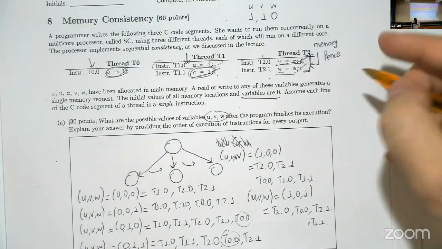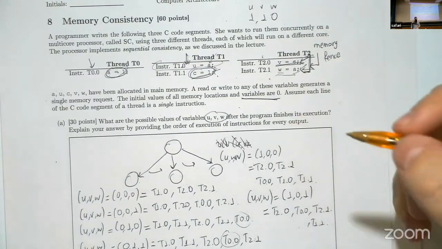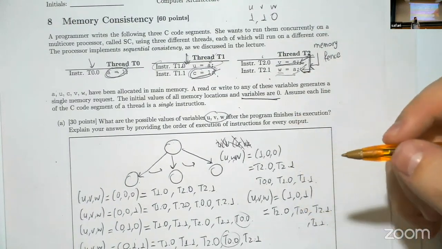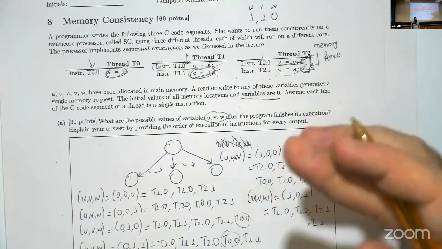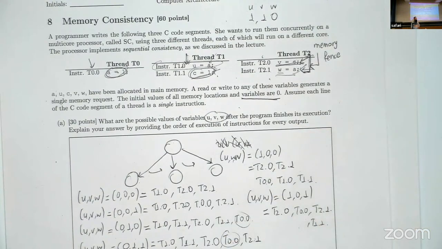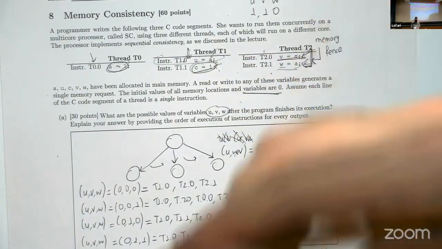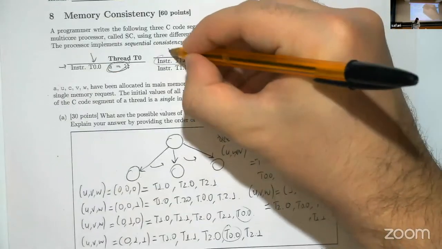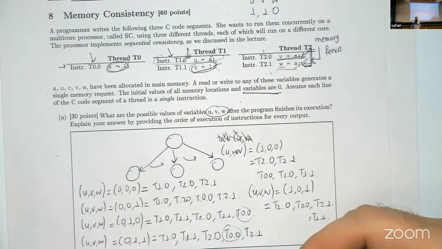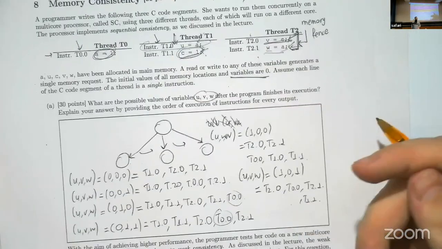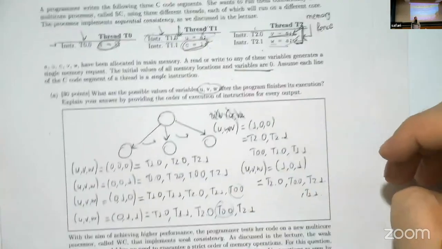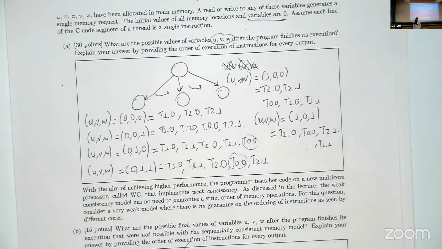And then I execute T21. I execute W equals A, which means that W is 0. So we have V equals 1, W equals 0. And then we need to make the case that U is equal to A. So we execute T00 first, and then U equals A. So we find another way to reach the same example, right?